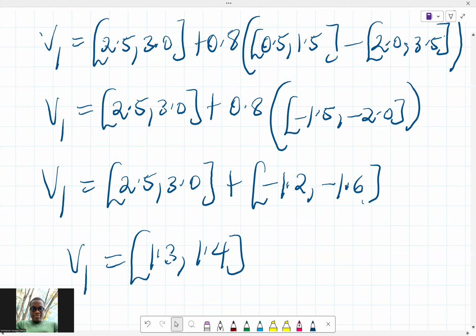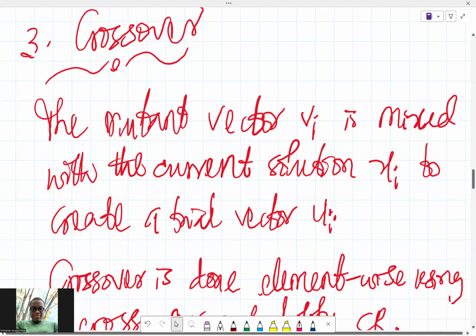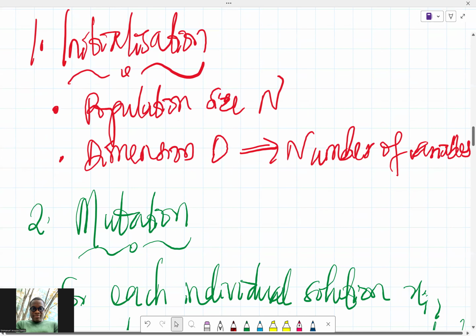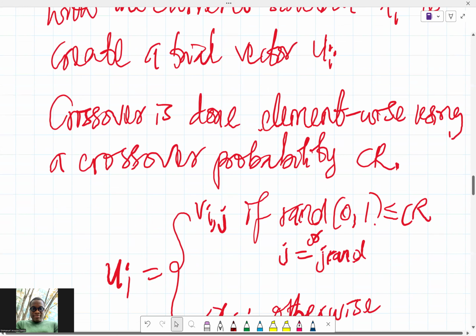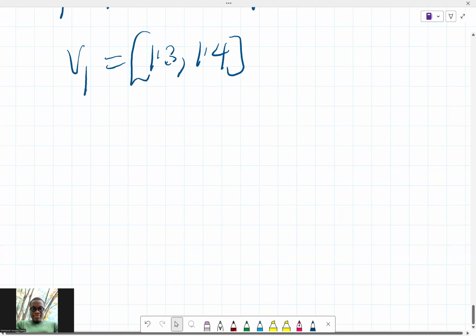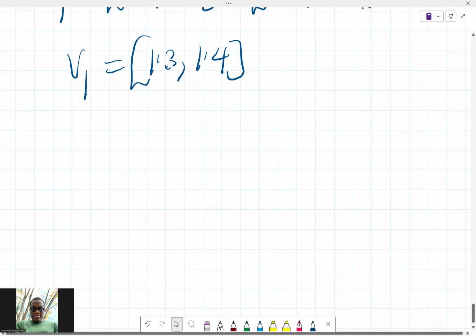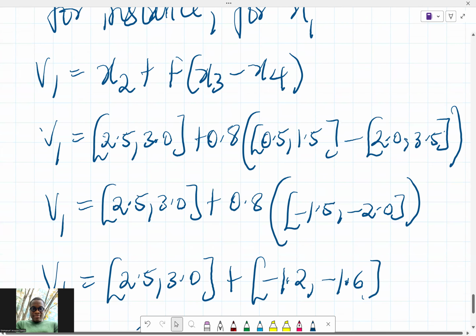Like we said before, I think we talked about this somewhere already. It's some kind of scaling value. Now we have done the mutation. So we have the mutant vector V1 now. You can see it produced a whole new result on its own. So that's a mutant. And then we go for the next step.